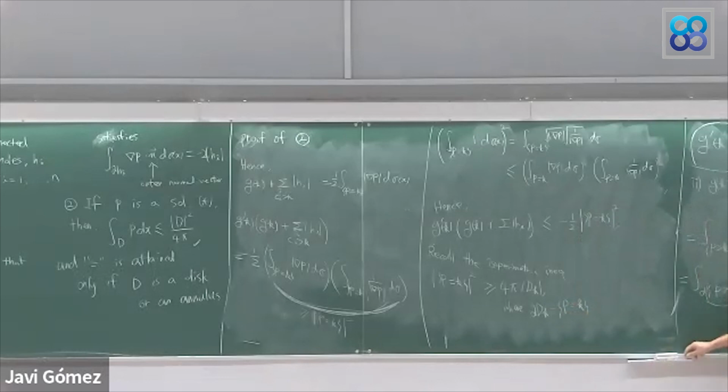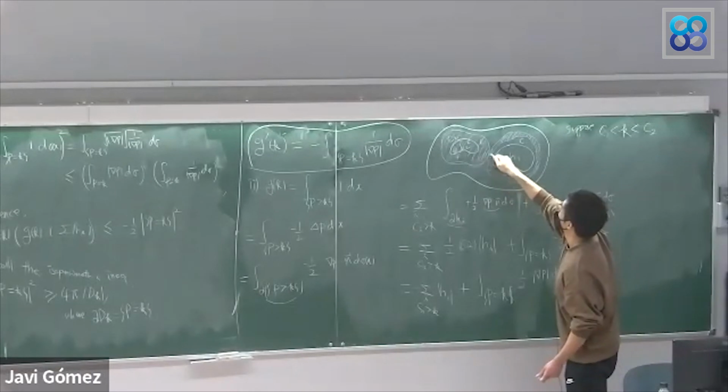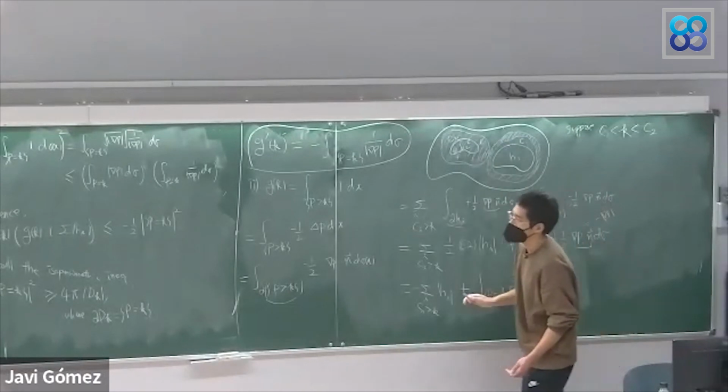So that means that this D_k is the area here. It includes the hole, right? And in this case, it corresponds to this strip region, right?